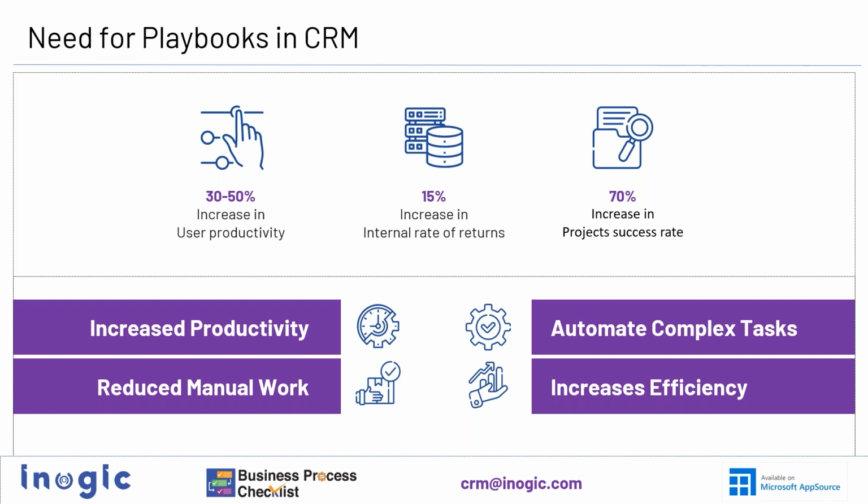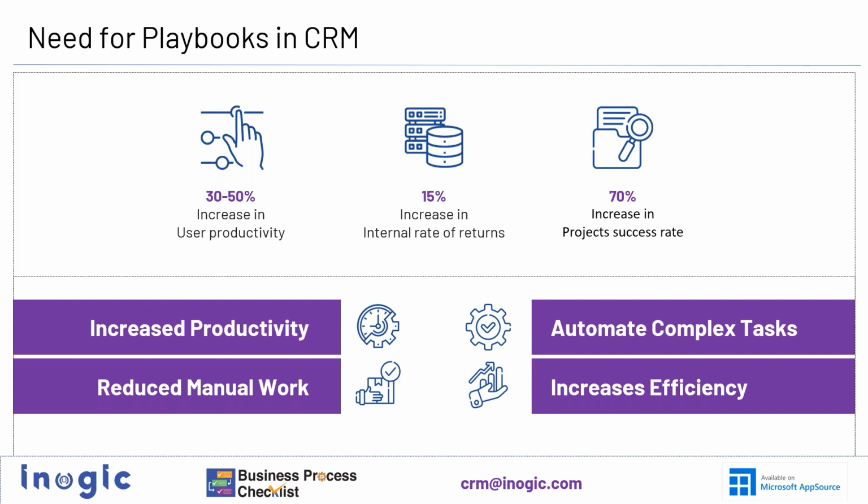Impressive, right? When you incorporate playbooks into your processes, you can anticipate a range of advantages. They bring increased productivity, help automate complex tasks, reduce the need for manual work, and significantly improve overall efficiency.